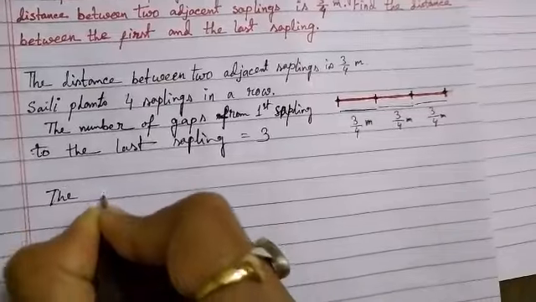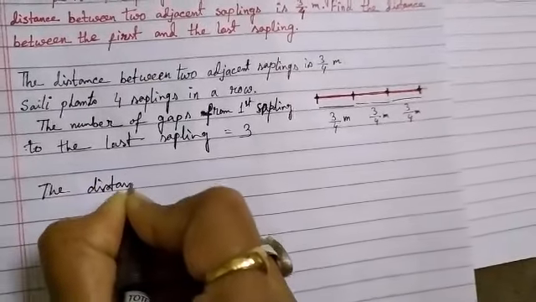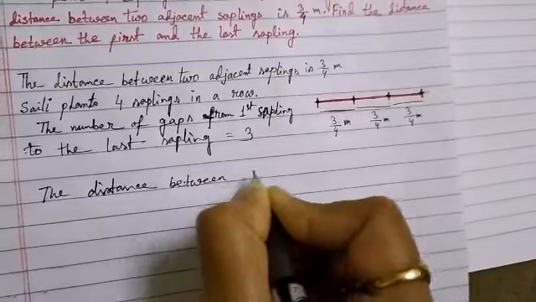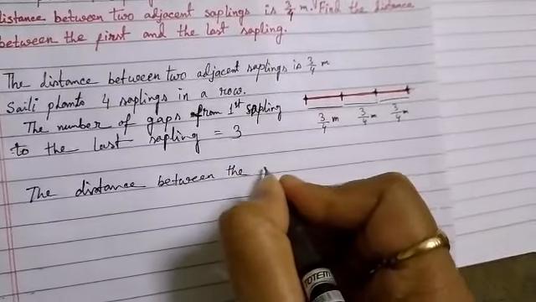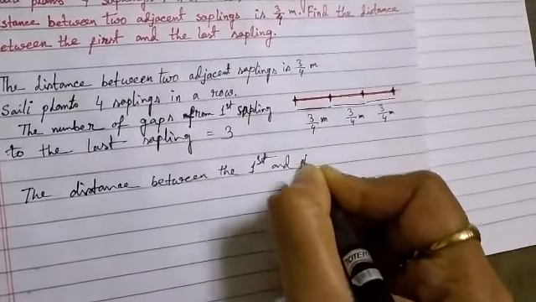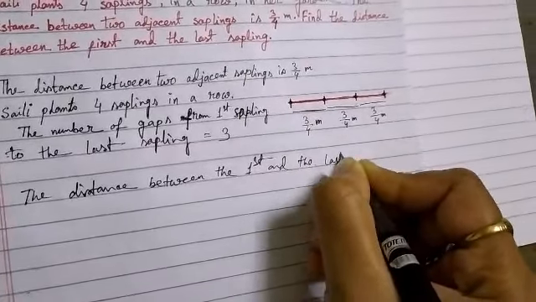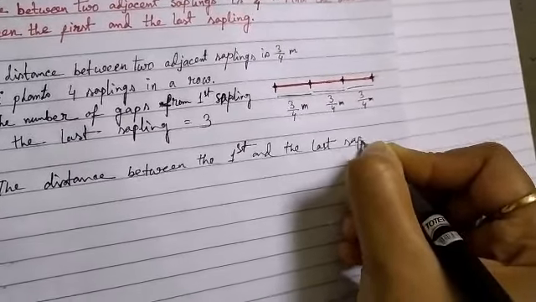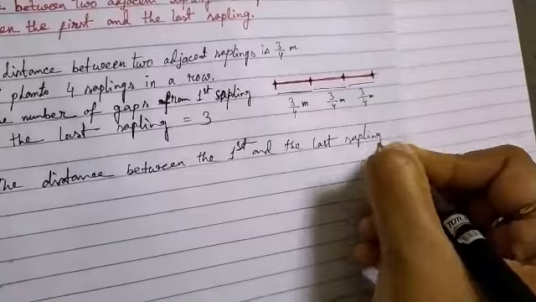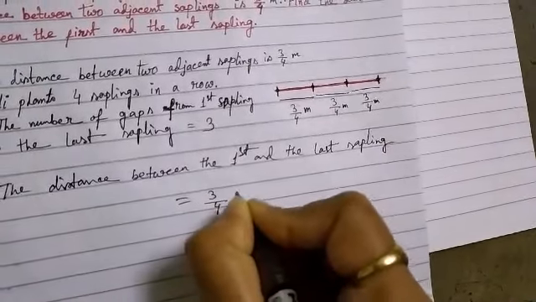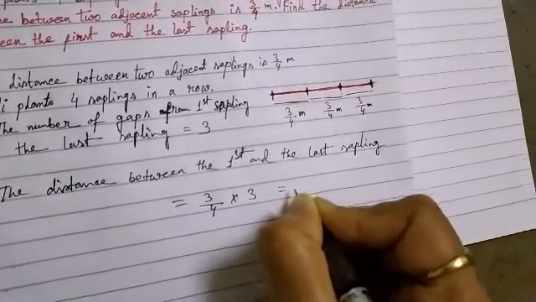So the distance between the first and the last sapling is equal to 3/4 into 3.